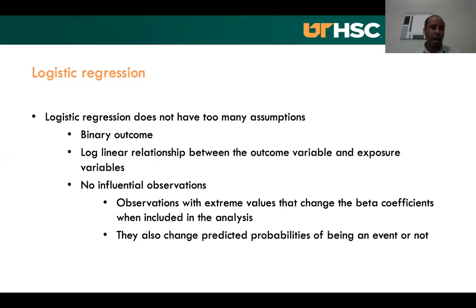So whether they are in the model or not, this kind of observation can change the beta coefficients, and thus they can change the fitted Y value or the predicted Y value or the classification of the other individuals. So observations with extreme value that change the beta coefficient when included in the analysis are taken as influential observations.